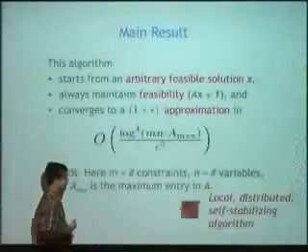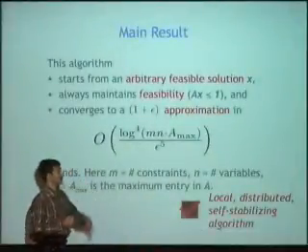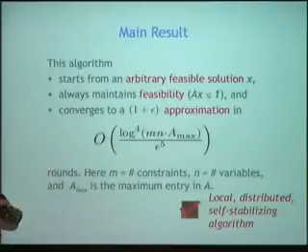And moreover, this is self-stabilizing because we start from any feasible solution. So as soon as the instance changes, there is a very easy rule to make the current solution feasible for the new instance in a single step. And from there on, you can just run this algorithm and converge to a near optimum solution quickly.